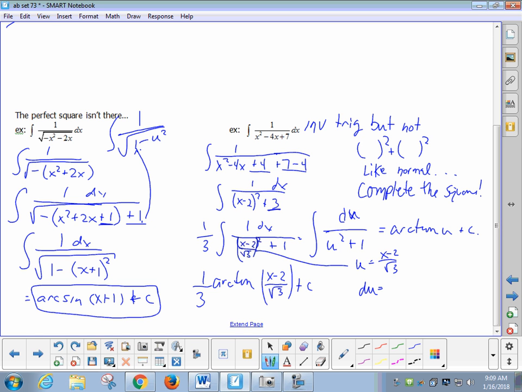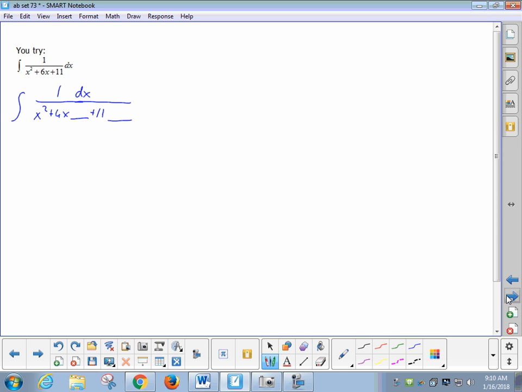Take the derivative. 1 over root 3 dx, so dx is actually root 3 du. This should have a root 3 in front, a root 3 arctangent of x minus 2 over root 3. Going too fast. Make sure when you go to u-sub that you find the du that goes with it. Okay, sorry.